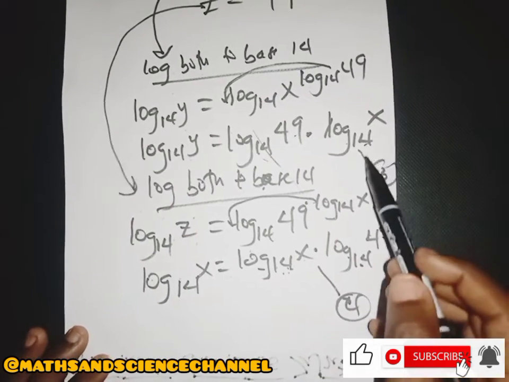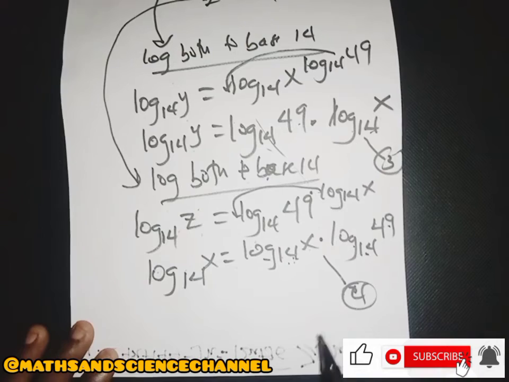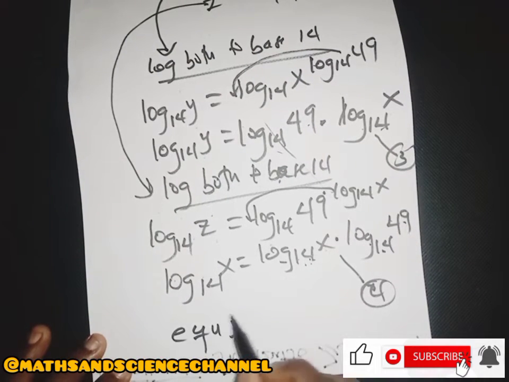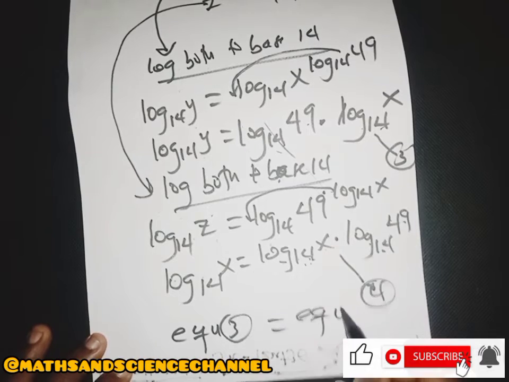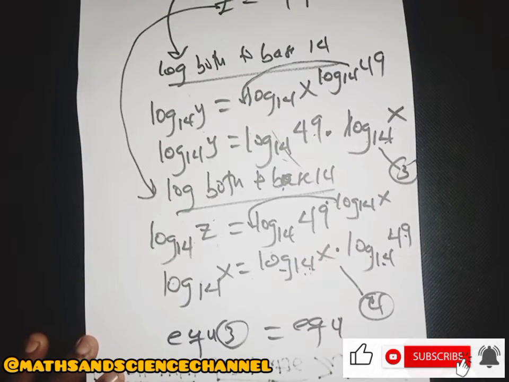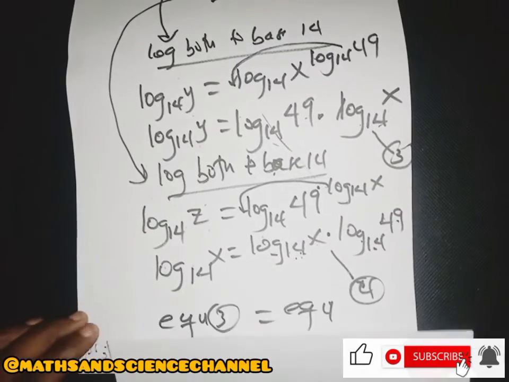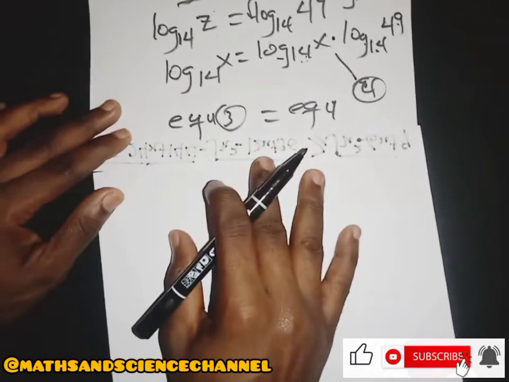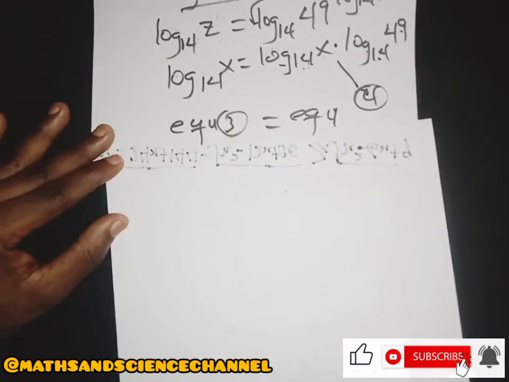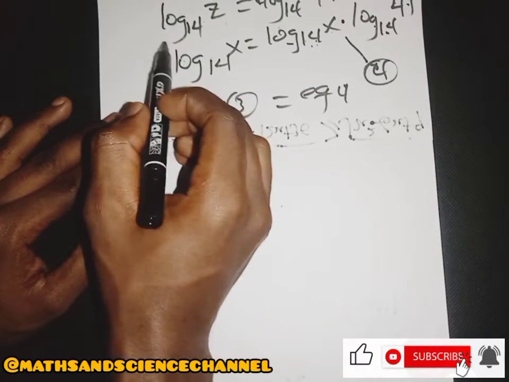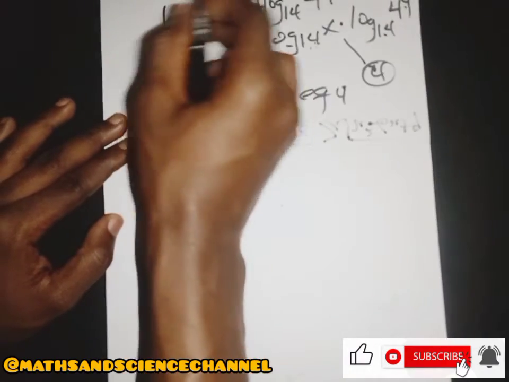So we realize that equation 3 is equal to equation 4. If equation 3 is equal to equation 4, then this will be equal to that.